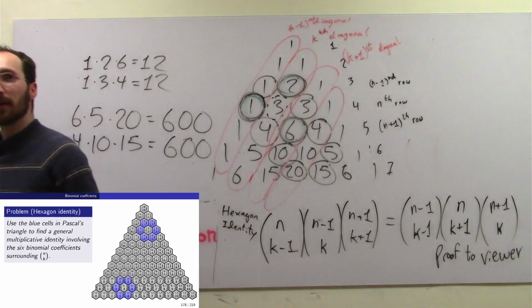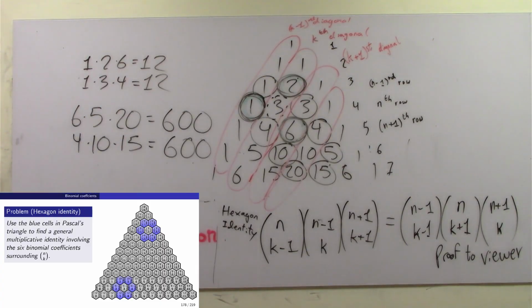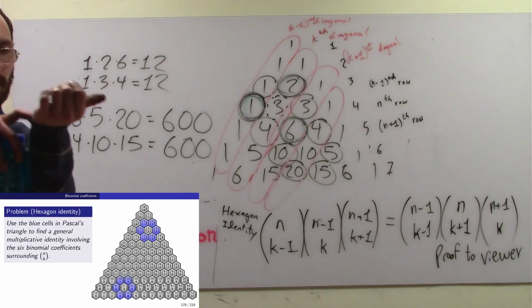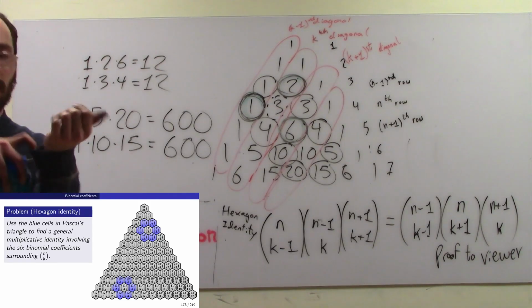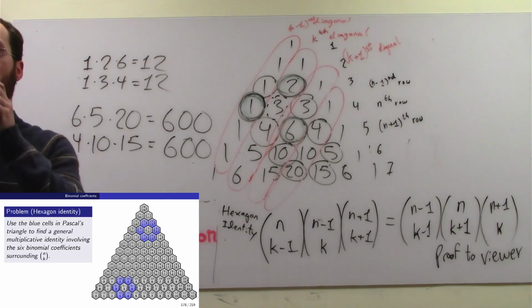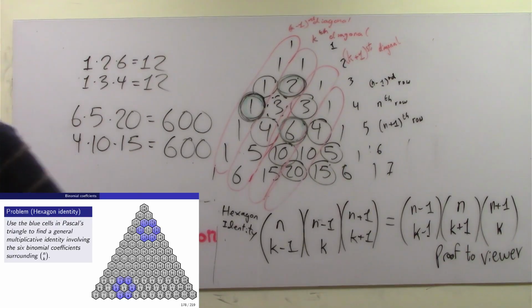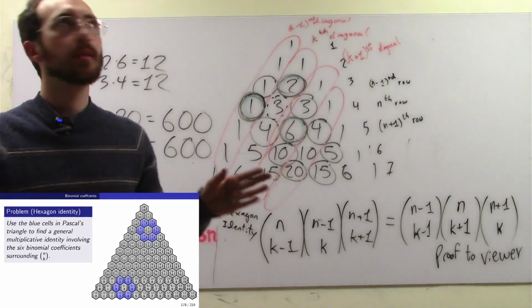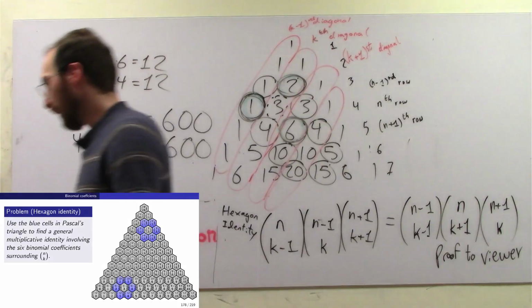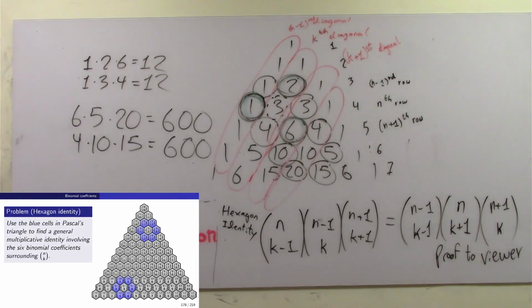Yes, Anna? So, I'm not suggesting you do this at 2:45 in the morning. But in theory, we've always proved these things by having a clever double counting argument or something. But in theory, if you didn't have any ideas, you could just take the left-hand side and expand it into factorials and manipulate them. You're absolutely right, Anna. Just for practice, it might be sort of gross to do, but you're right.